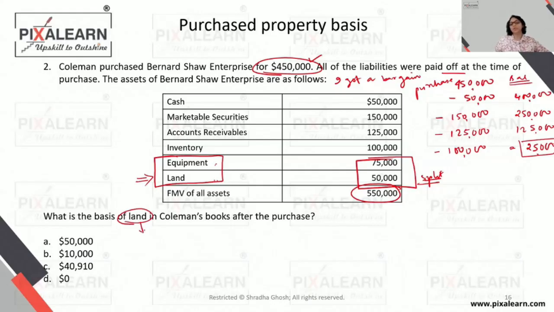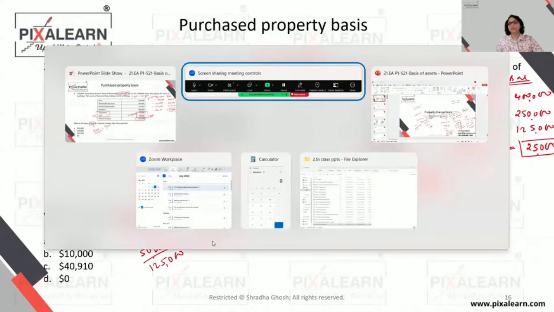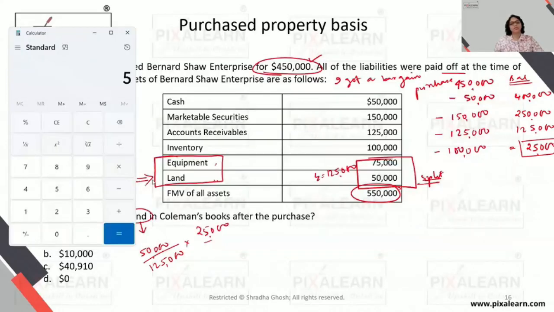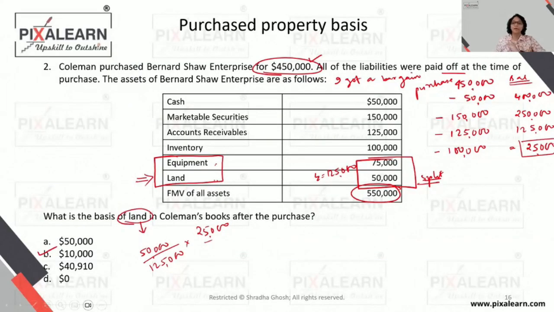The call of the question is how much will land be valued? I'll take 50 out of a total valuation of 125 for this class, and then simply split the $25,000 on that basis. So the answer becomes $10,000. The value of land in my books becomes $10,000.